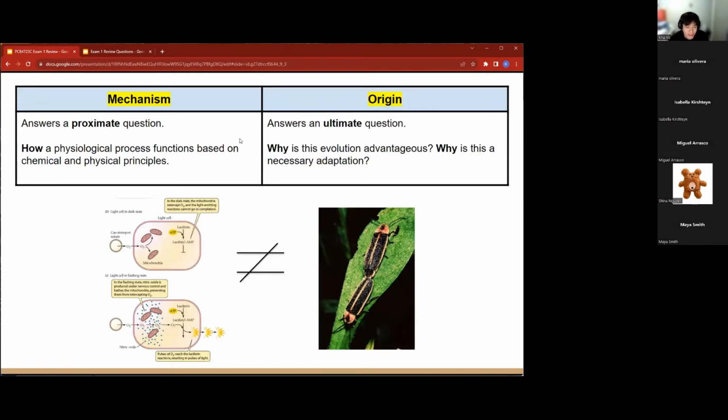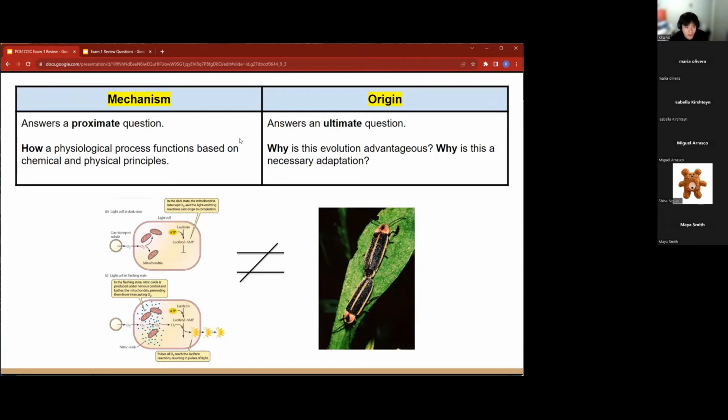We have mechanism versus origin questions, or we have proximate questions, which is a question that asks about the specific mechanism of a physiological process. Simply, all that means is how does this process work based on the laws of physics and chemical principles?